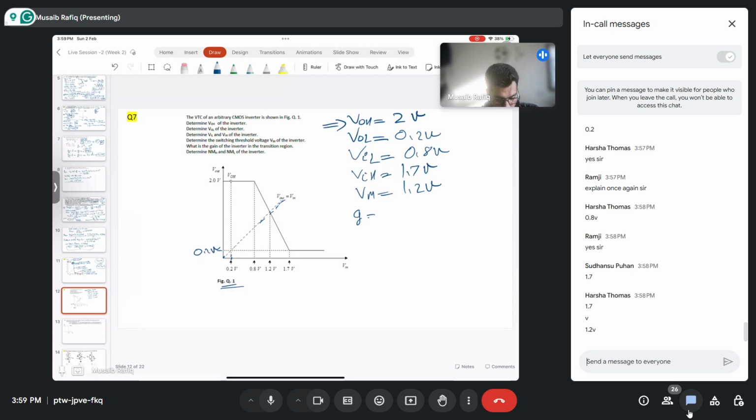What is gain equal to? Has anyone computed the gain? We did, our first question was exactly like this. Now you have all the values. What is gain equal to, or should I say gain of the inverter in the transition region? I have to be more precise.